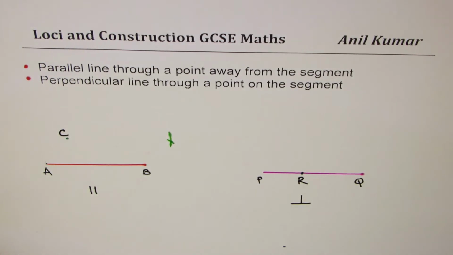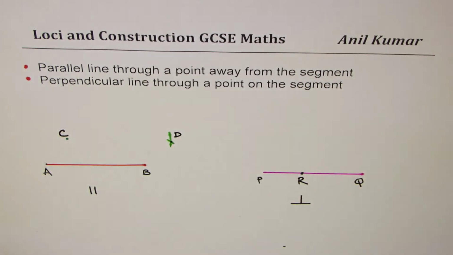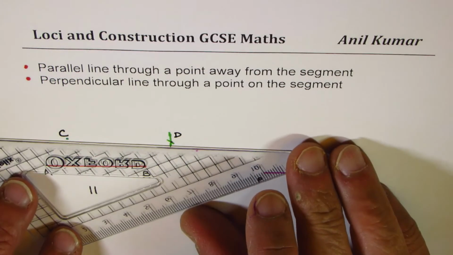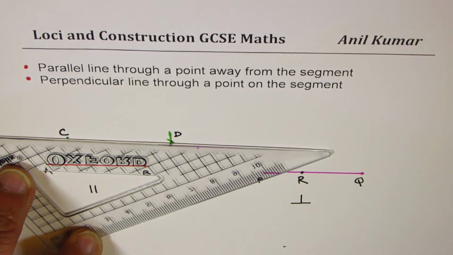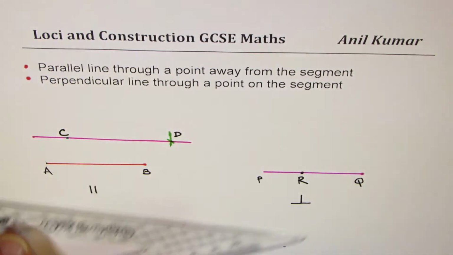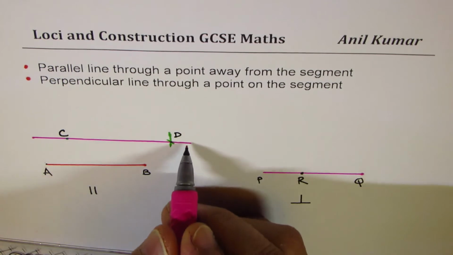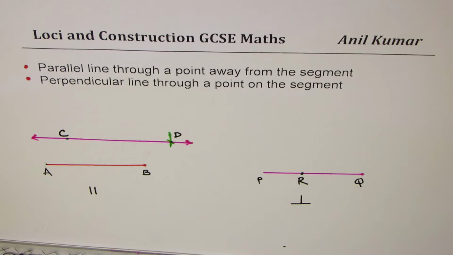So at that cross point, mark that point as D, and then a line through C and D is the required line. Do you see that? That line which is through C and D is the required line. So let me just connect them now. So this becomes a line which is parallel to the segment AB.